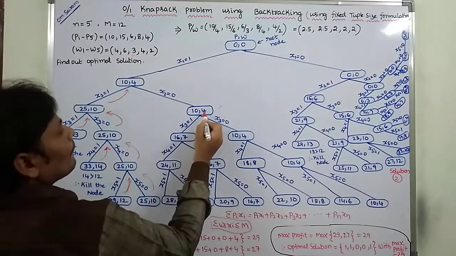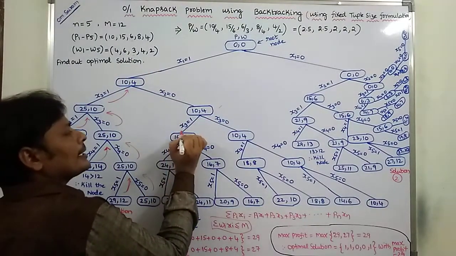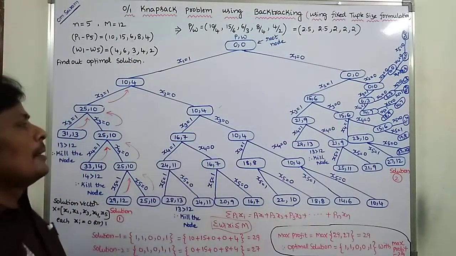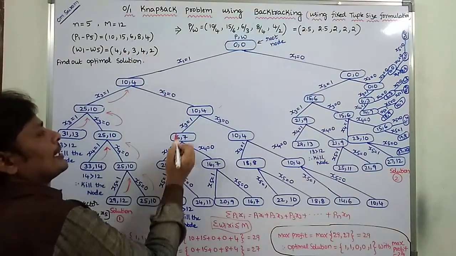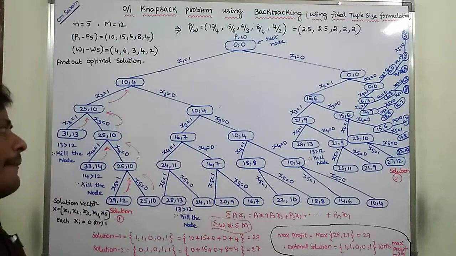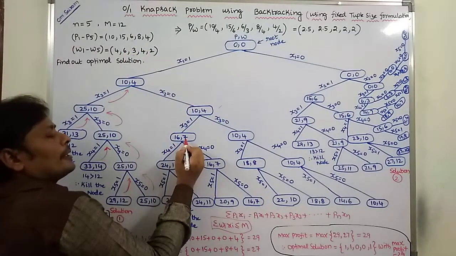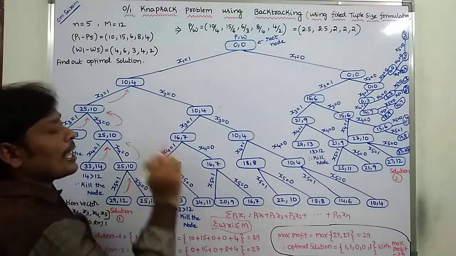Weight is 3. 4 plus 3, that is 7. So after considering the third object, the profit value is 16 and the weight is 7. 16 comma 7.